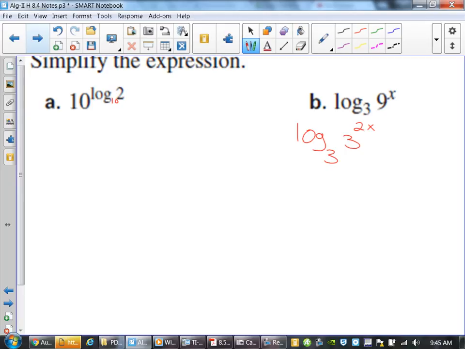What's your answer? 2x. You're rewriting the bases to get identical bases. You want the identical base so that it simplifies, so the exponent falls. This is what's going to allow you to do a lot of algebra problems later on.